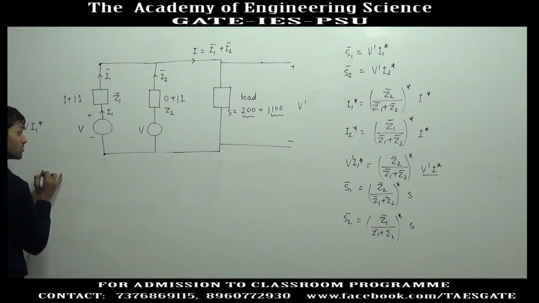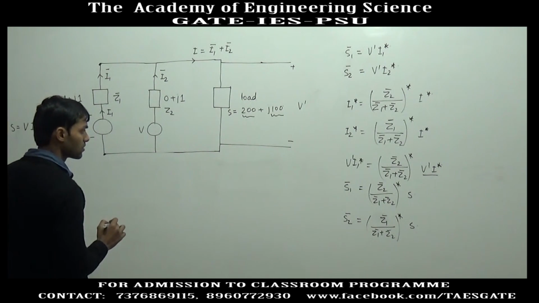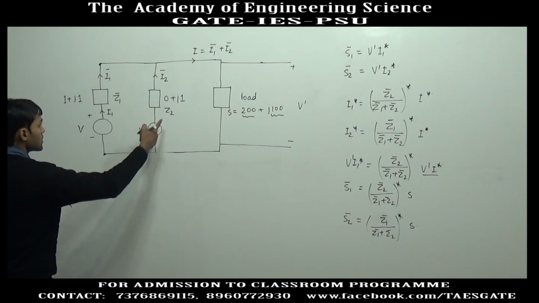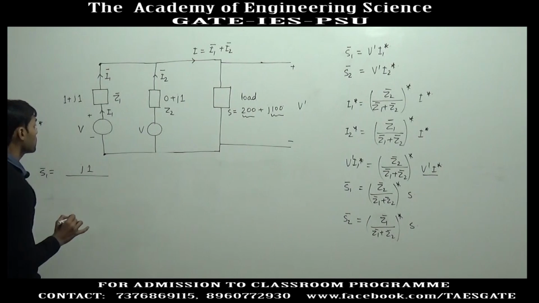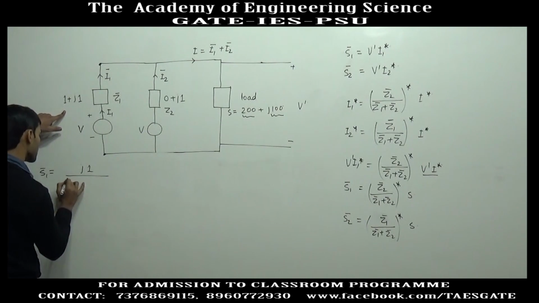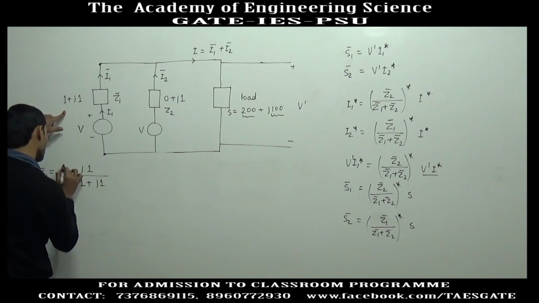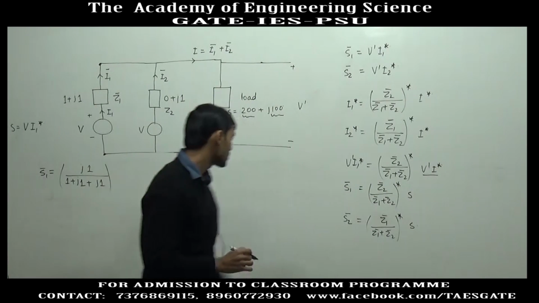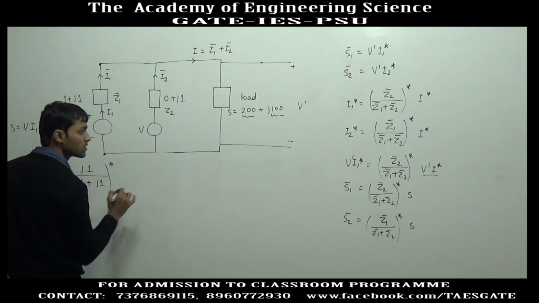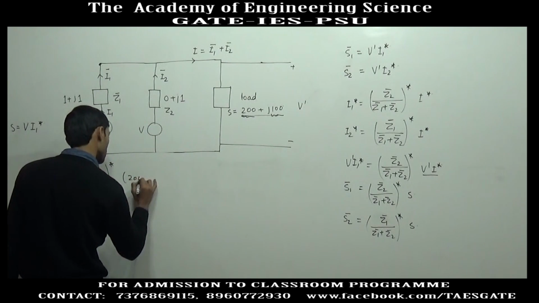Hence, S1 will be equal to Z2 divided by Z1 plus Z2, where Z2 is equal to j1, Z1 is equal to 1 plus j1, so Z1 plus Z2 is equal to 1 plus j2. So, S1 equals the complex conjugate of this quantity, and S is equal to 200 plus j100.